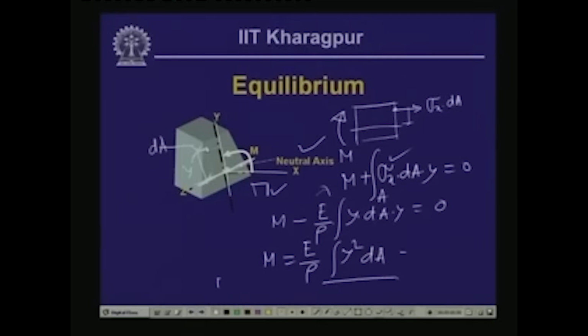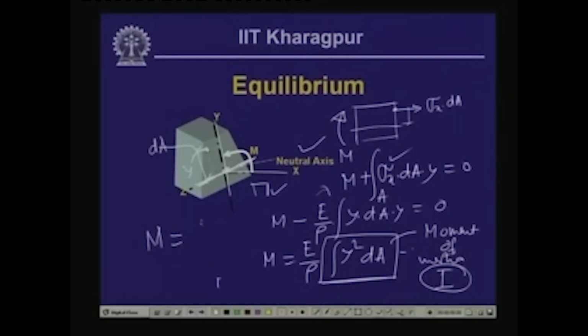As you know, this integral of y squared dA is the second moment of this segmental area with reference to the neutral axis, and this we designate as the moment of inertia, and we call this I. So, from this relationship we get M equal to E I over rho.